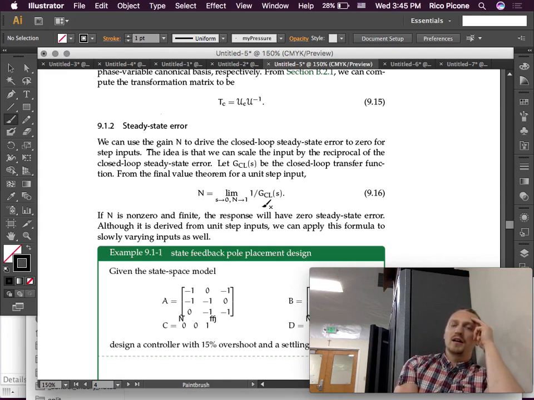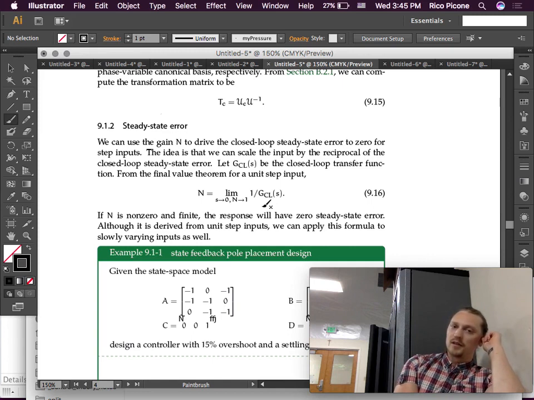I don't know why it says limit as N goes to 1. It's definitely limit as s goes to 0, and that's confusing to me. But anyway, if N is non-zero and finite, the response will have 0 steady state error.